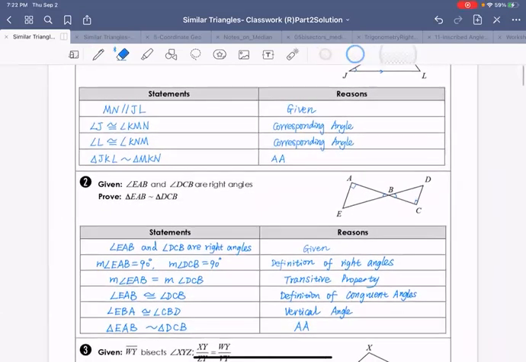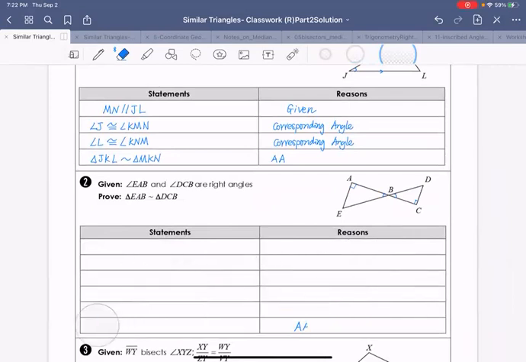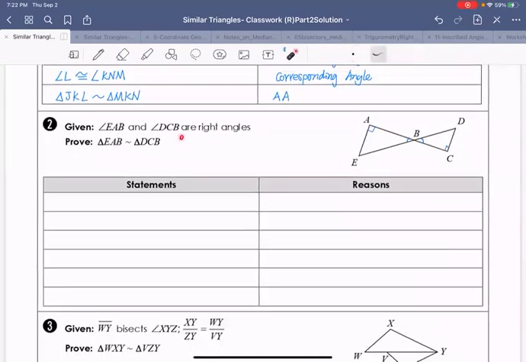Very good. Let's do the next one. Claire, let's do number 2. Go ahead, read the question, please. Given angle EAB and angle DCB are right. We want to prove triangle AEB is similar to triangle CDB. Okay. Well, which one you want to start with?